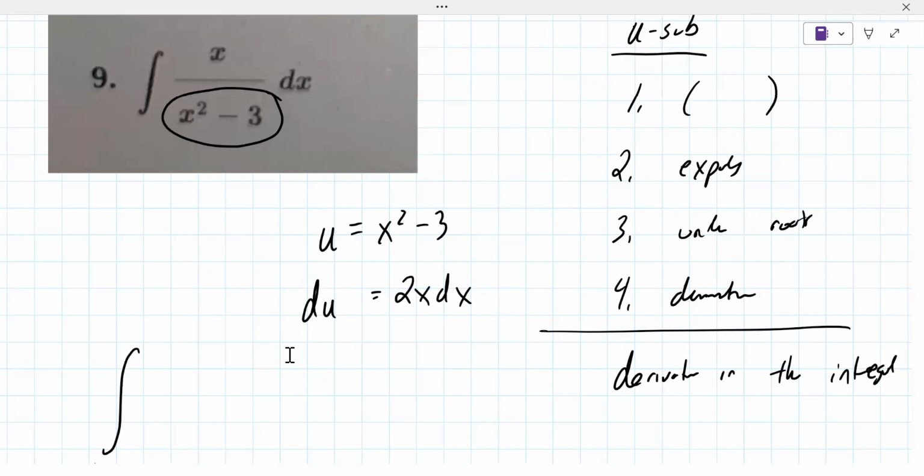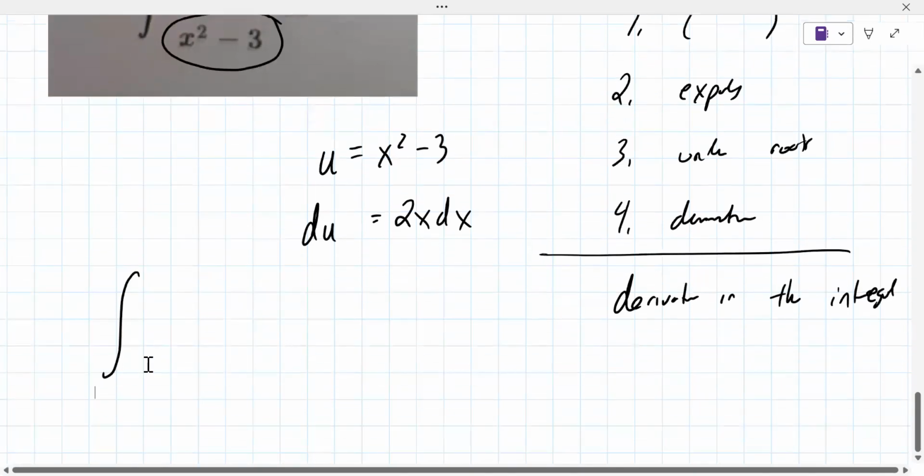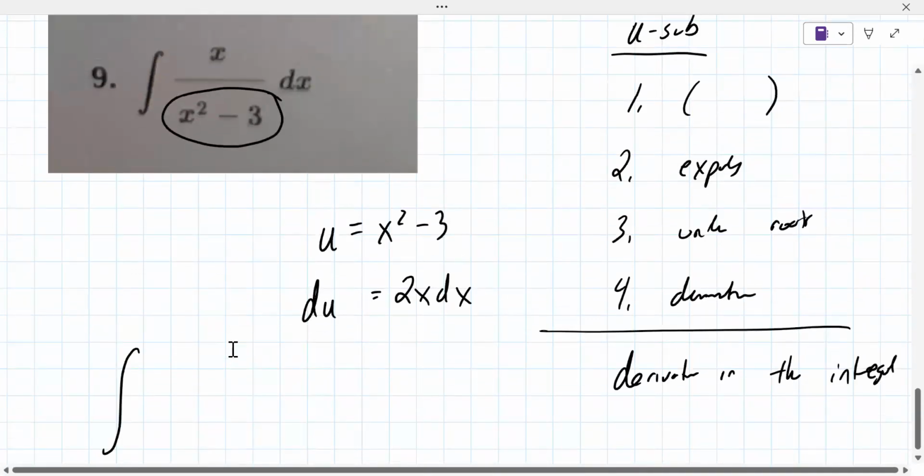So can the x and the 2x come out of the thing like a regular number would? Well, x cannot, but the number can. So we would do 1/2x. Pull it out. No, the x's cancel. So 1/2. Yes. So half integral 1/u du.